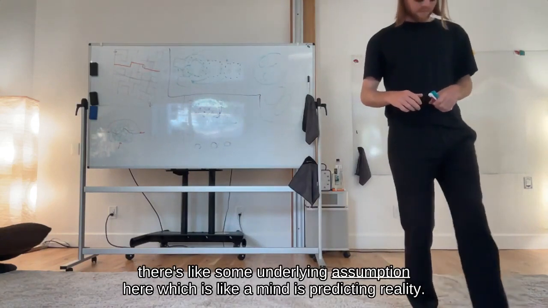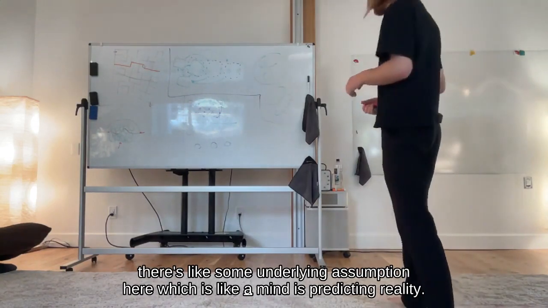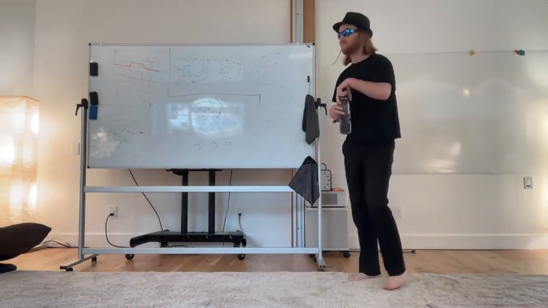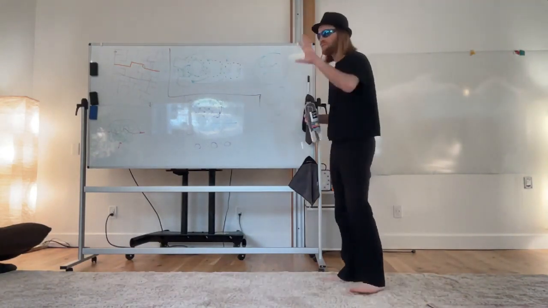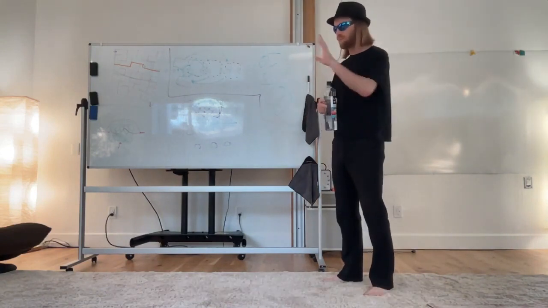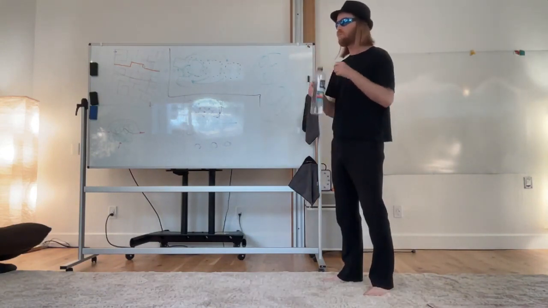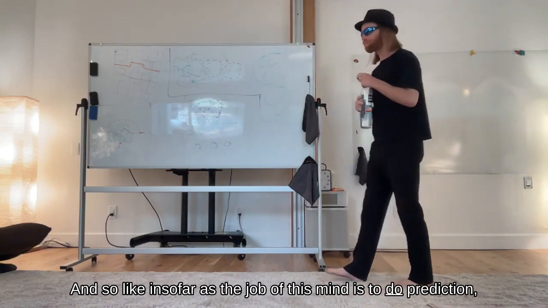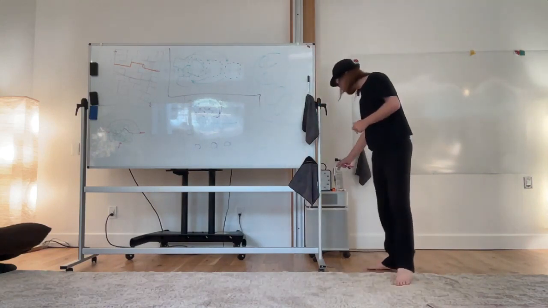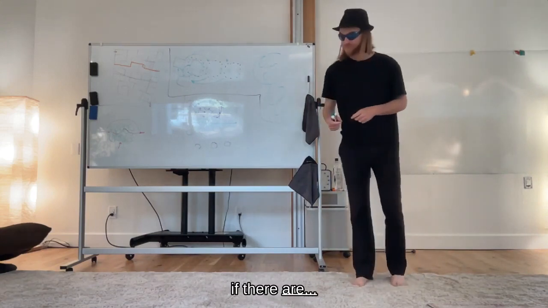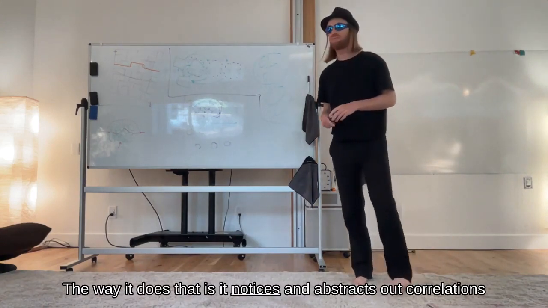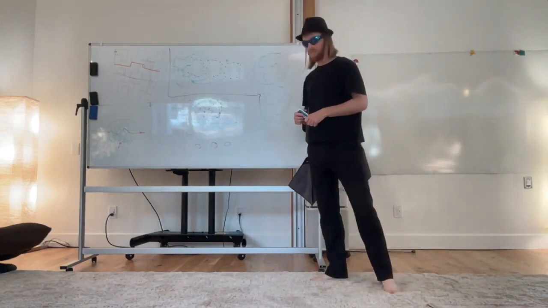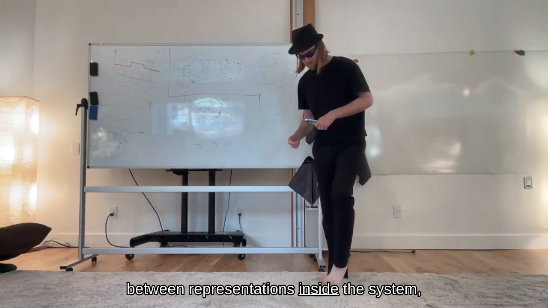Okay, just to summarize, there's an underlying assumption here that a mind is predicting reality. In this case we're talking about prediction. The same thing should generalize to problem solving, but prediction for now. The way a mind does prediction is that it notices and abstracts out correlations between representations inside the system.